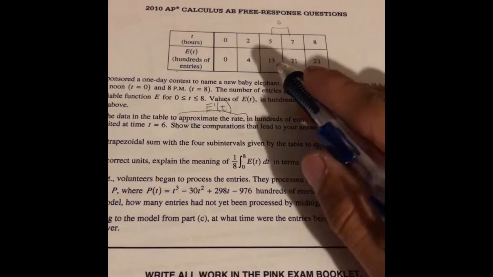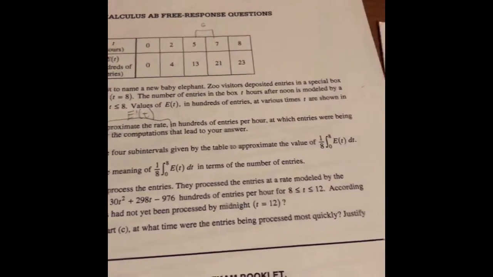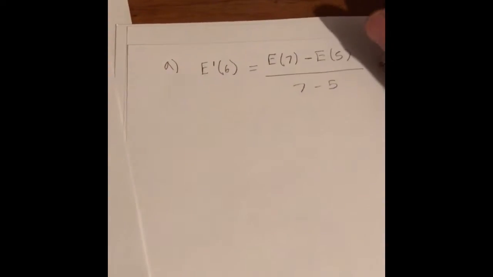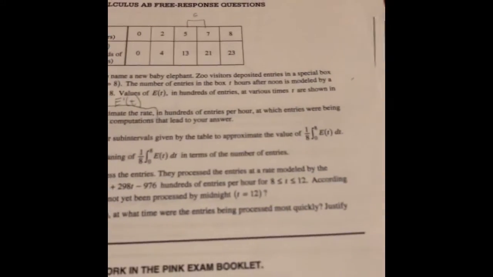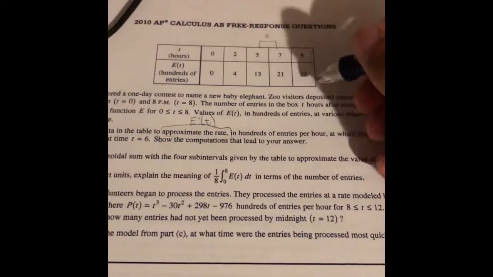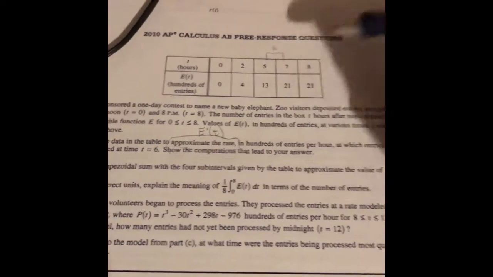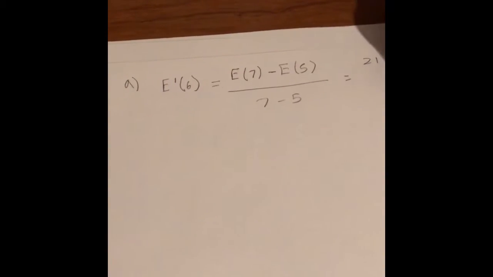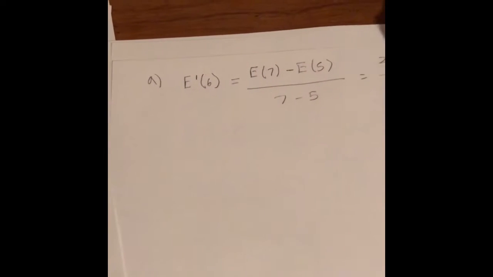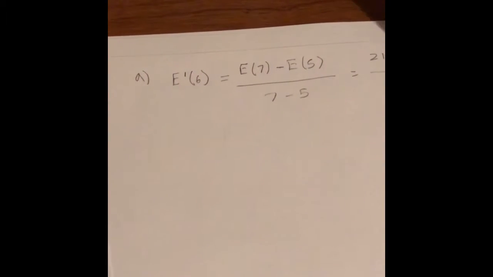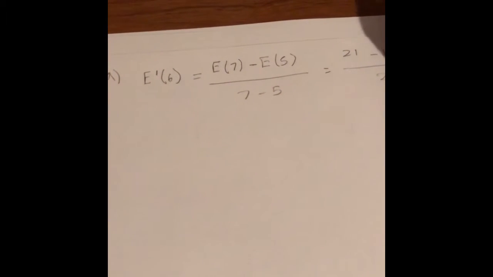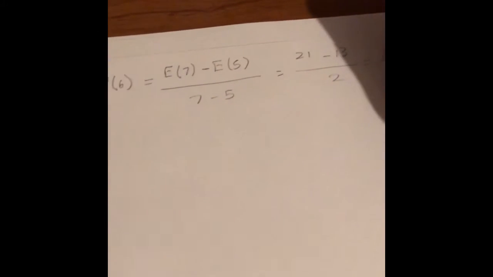From the table, E of 7 is 21 and E of 5 is 13, over 7 minus 5, 2. 21 minus 13 is 8, over 2.